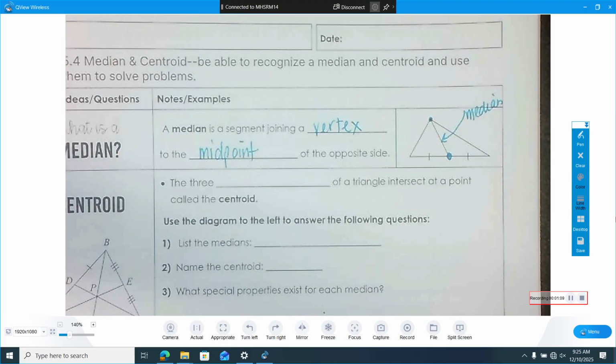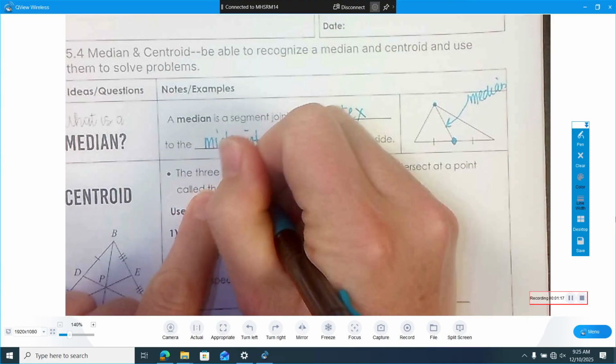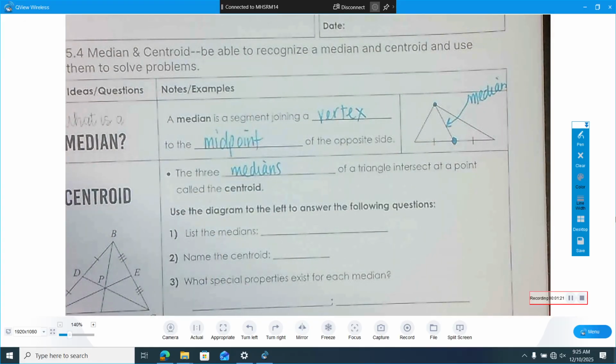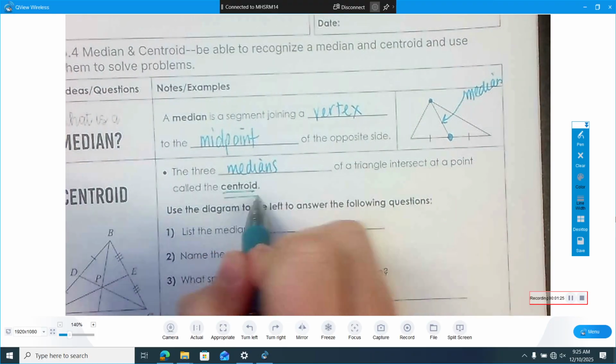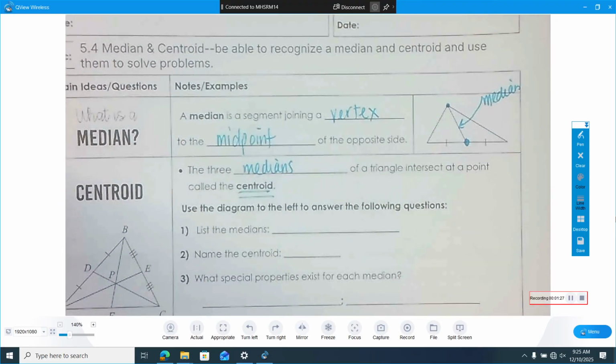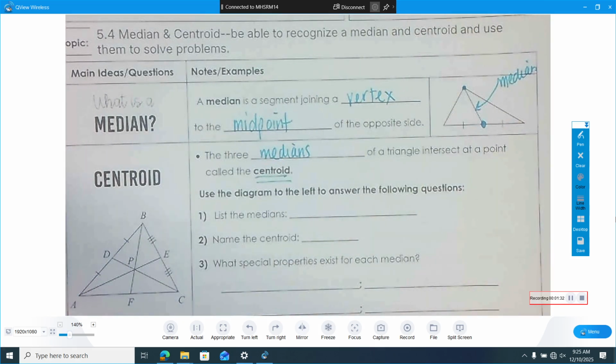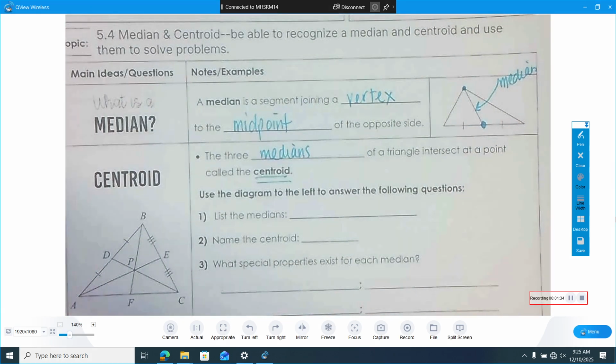So this is a median. Now, when 3 medians of a triangle intersect at a point, it is called the centroid. So when we take 3 medians, one from each vertex, they intersect at the point called a centroid.